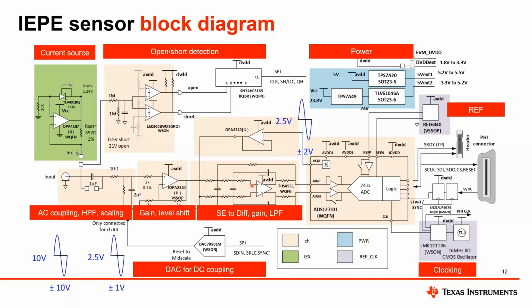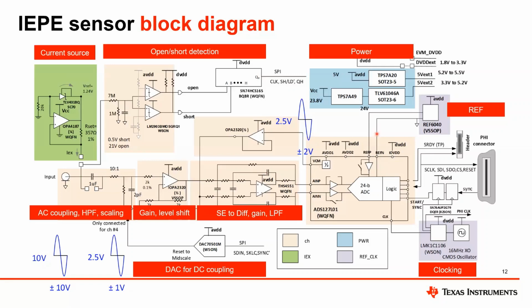The differential amplifier also implements a gain of 2 and a low pass filter of 20 kilohertz, which is required to eliminate the resonance frequency of the sensor. This brings the single-ended signal at the input of the ADC to plus minus 2 volt each and a differential signal of plus minus 4 volt.